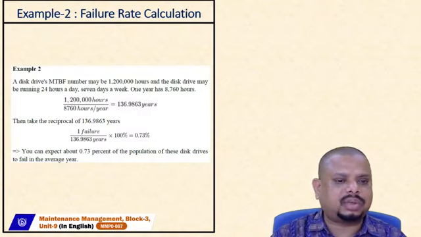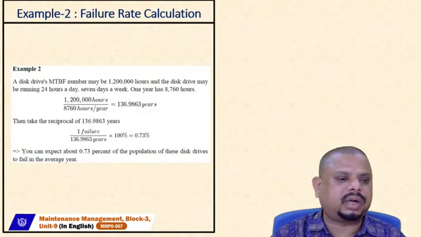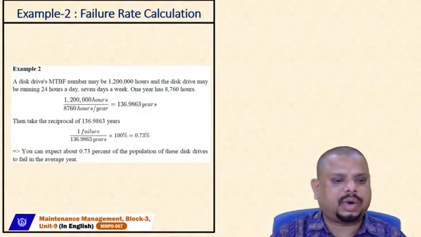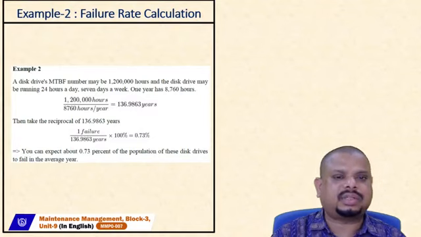The total number of hours, which is already given, 12 lakh hours, divided by the number of hours per year, 8,760 hours per year, equals 136.9863 years. If you take the reciprocal of 136.9863 years, that is one failure divided by 136.9863 years, times 100, that equals 0.73%. So you can expect about 0.73% of the population of this disk drive to fail in an average year.